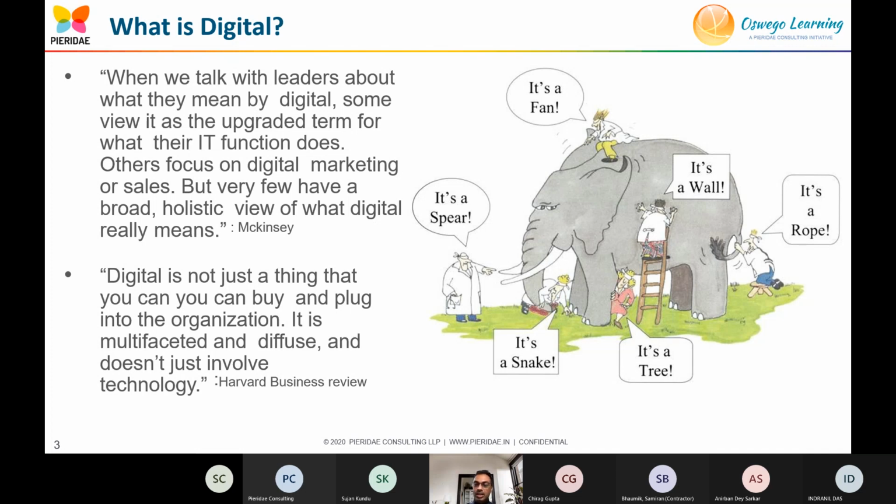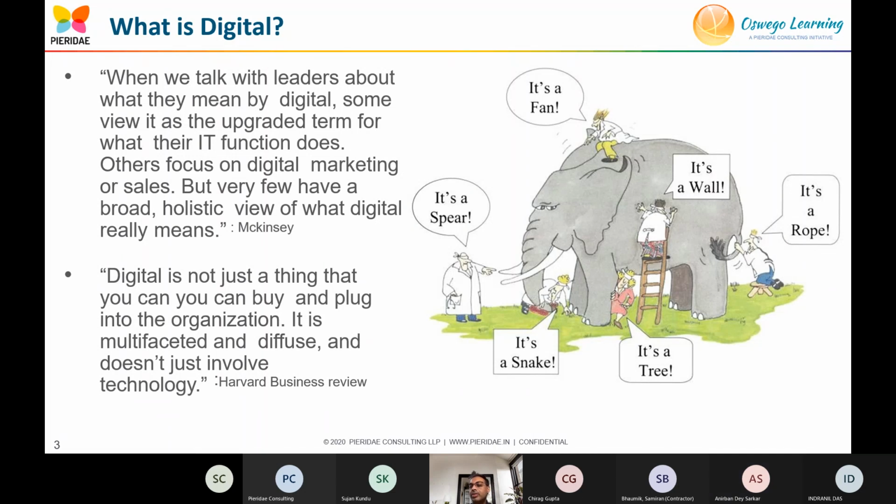Digital is a broader concept, and analytics, mobile, these are all techniques or technologies involved in a digital space, right? So this is a McKinsey terminology. What they say is that if you ask any of the leaders in the organization what digital is, the most common answer is something related to our IT department.